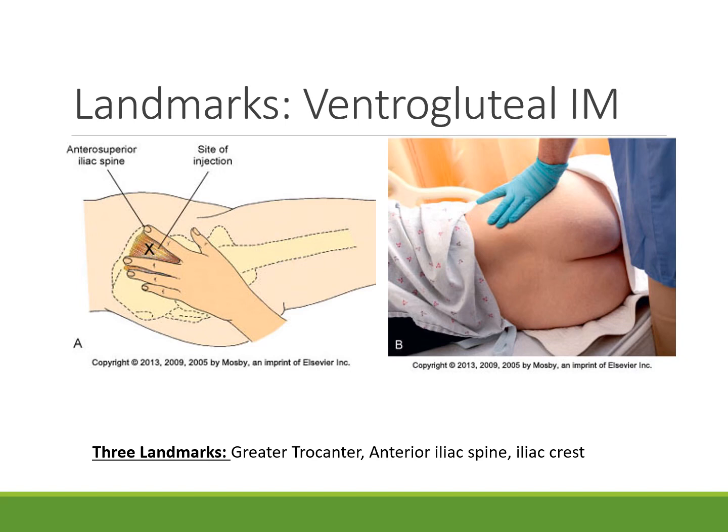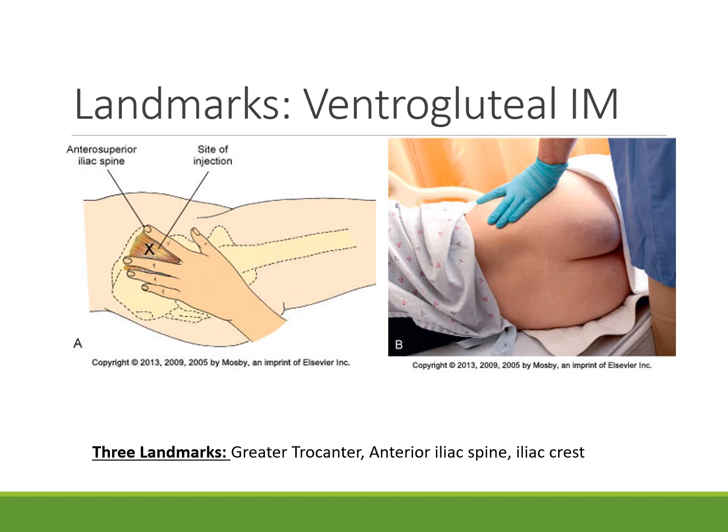So another way of locating your ventrogluteal muscle is you have to just divide the buttocks of the patient. Divide that into four. You draw a cross line on the buttocks. Then the upper outer quadrant.